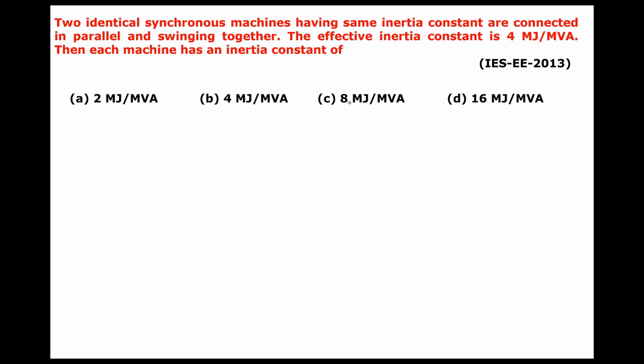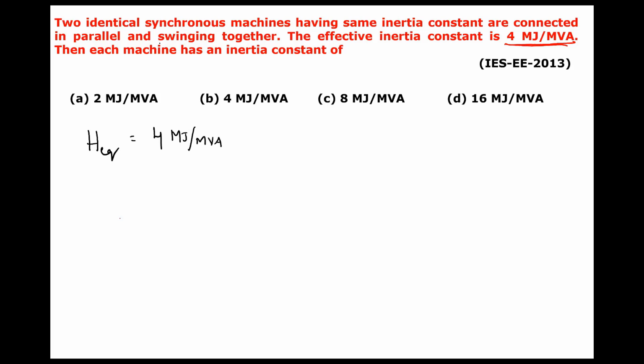Then each machine is having the inertia constant of what? That is the question. See, megajoule per MVA is the unit for which inertia constant H. So the two machines are swinging together. Their H equivalent value is given by 4 megajoules per MVA.